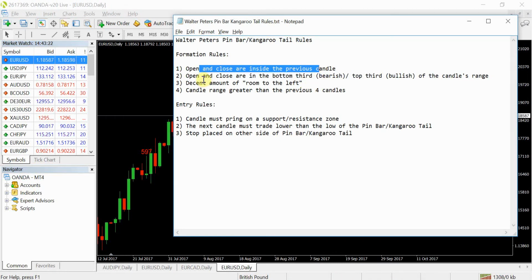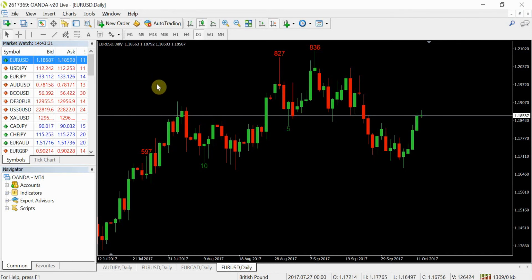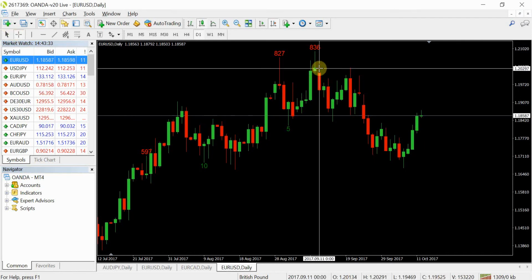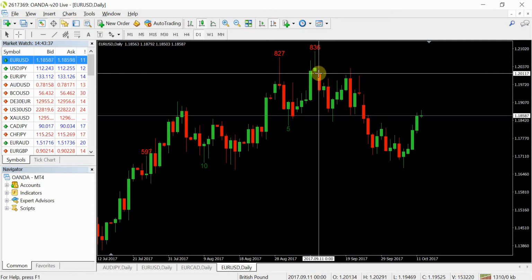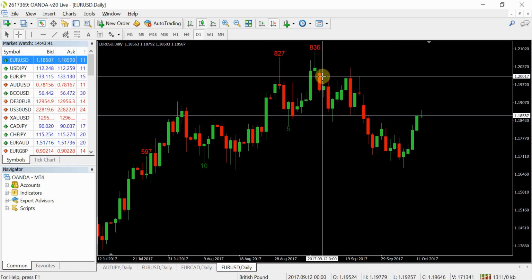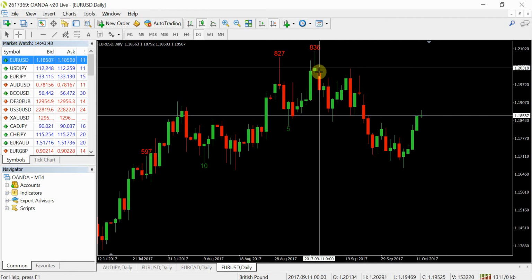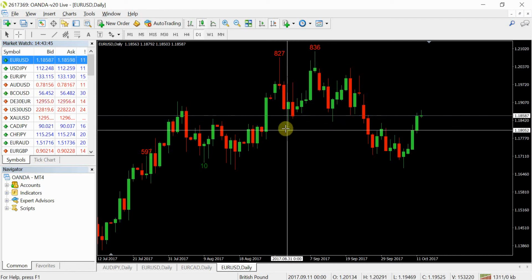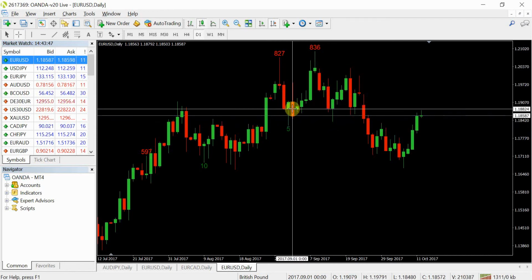The next one is that the open and close are in the bottom third or the top third of the candle's range. What this means is that effectively the body, as you can see here, is within the bottom third, in this case because it's a bearish signal pin bar. Whereas this one is a bullish pin bar, it's in the upper third.